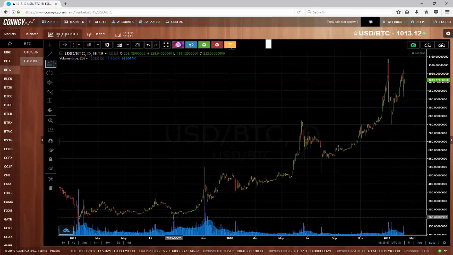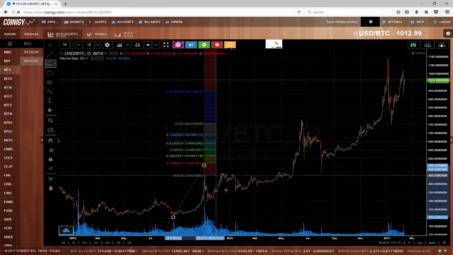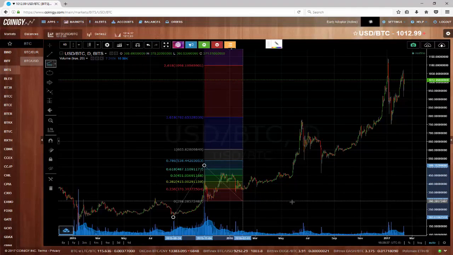So what you do is you anchor it to the bottom of where the base was. You bring it up to the top, and then minus the retracement. So minus the first major retracement.